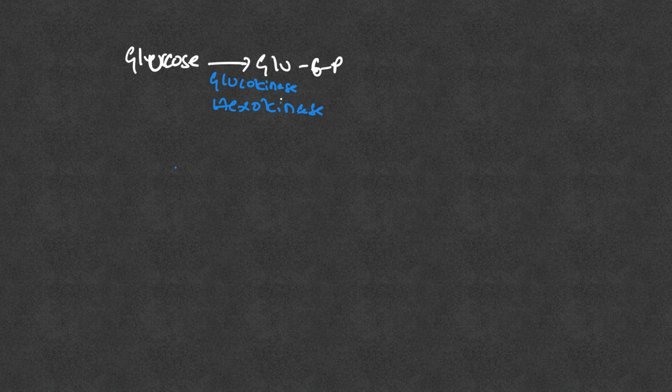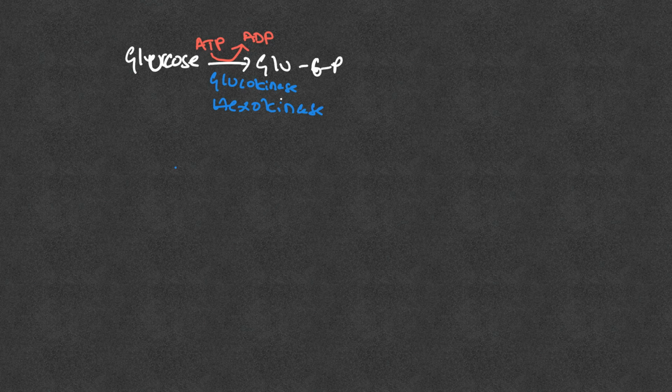I'm going to go into details of that later. For the conversion of glucose into glucose 6 phosphate, you need ATP. One energy phosphate is required, and ATP will be converted into ADP. So that's the very first important reaction in glycolysis.